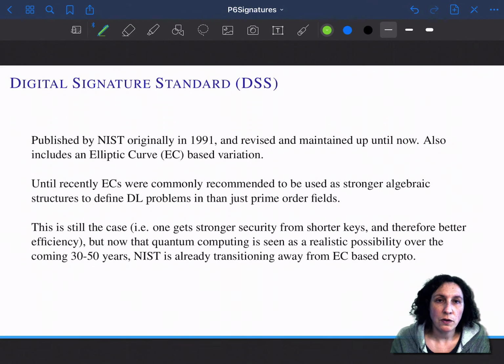And even though most experts believe that quantum computing is probably 30 or 50 years away from being an actual threat to cryptography, NIST has decided that it's time to already start transitioning away again from it. And this is not just a weird kind of quirk of NIST.